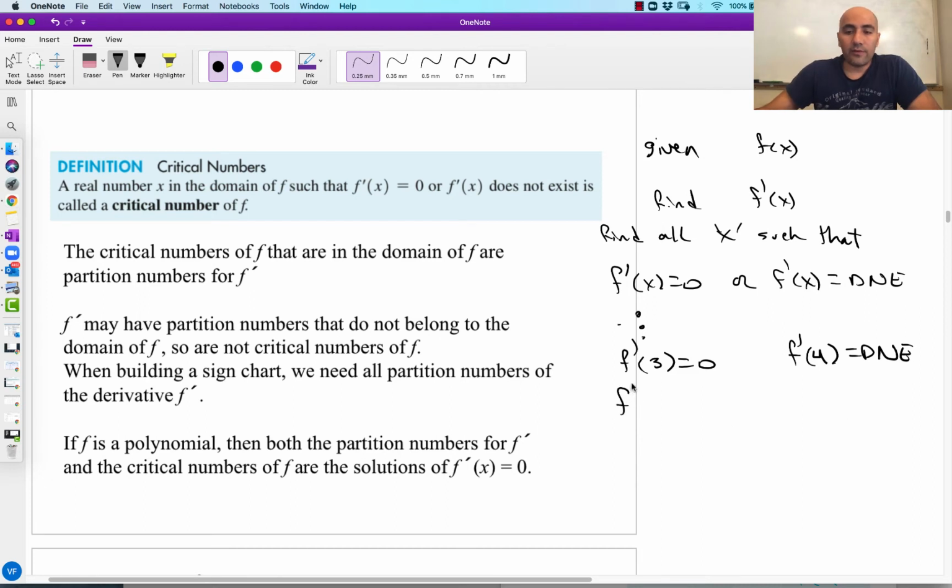And let's find one more. Let's say f prime of negative 1 is equal to 0. Okay, so then we'd say that x equals 3, negative 1, and 4 are partition numbers. Are these partition numbers?